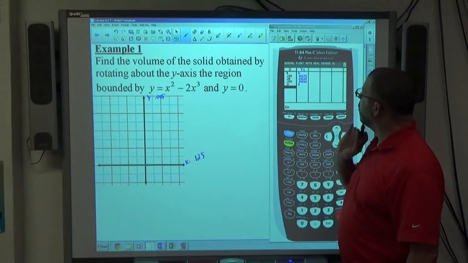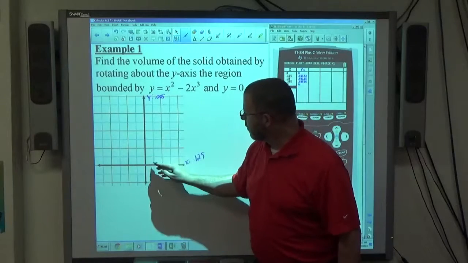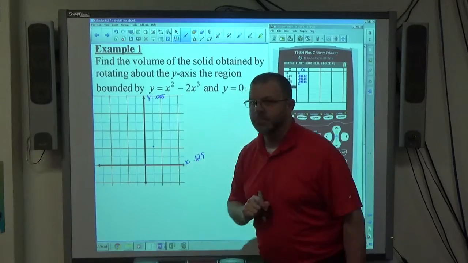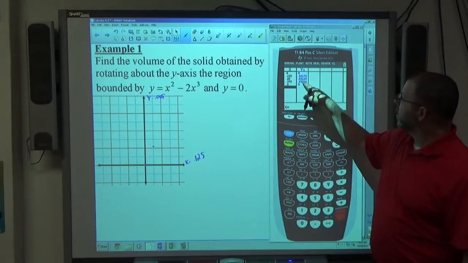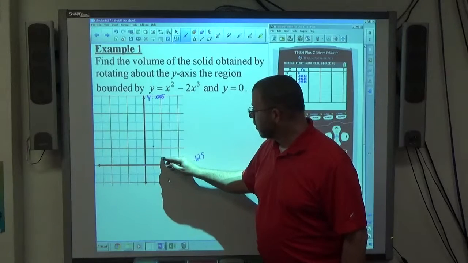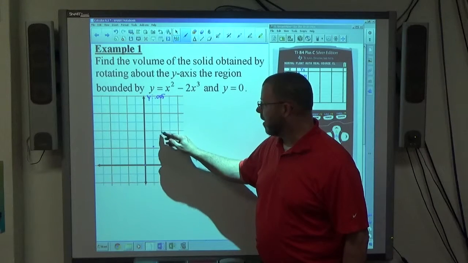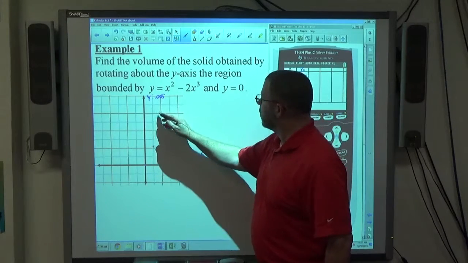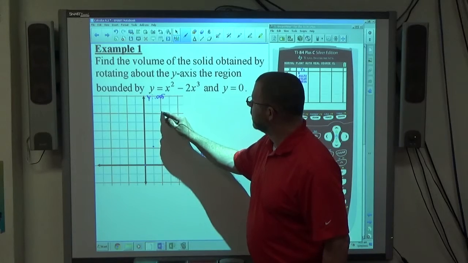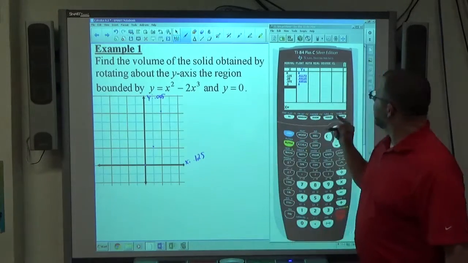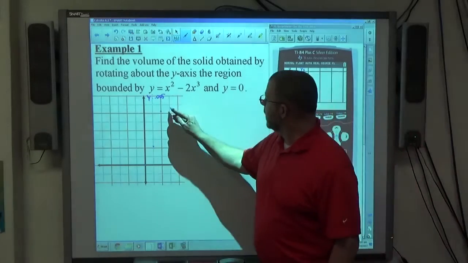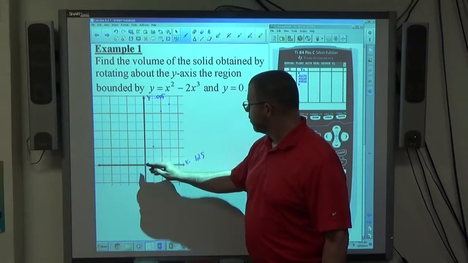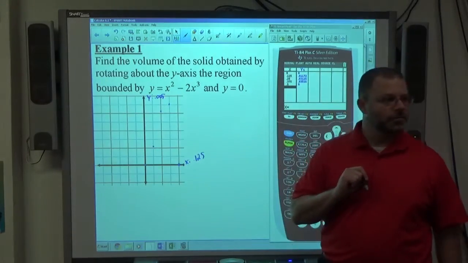At 0.125, y is 0.011, so about here. At 0.25, y is 0.03125, probably about here. Then we've got 0.035, so that would be right here. And then we're back to 0. So it kind of climbs up and then it zips right back down.